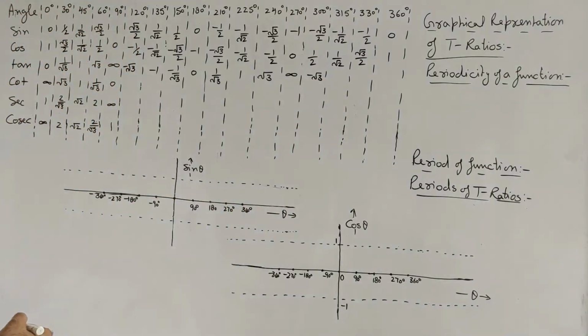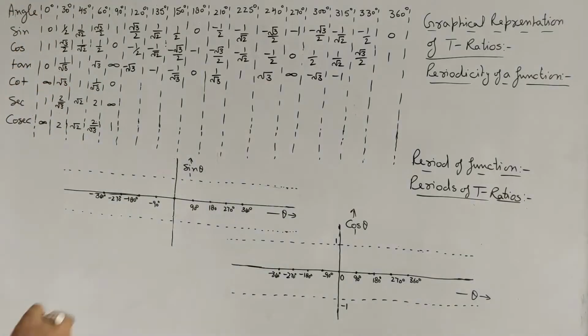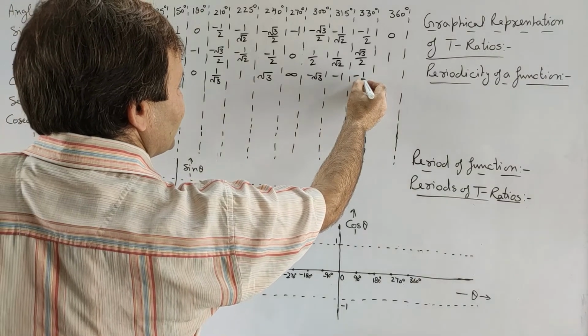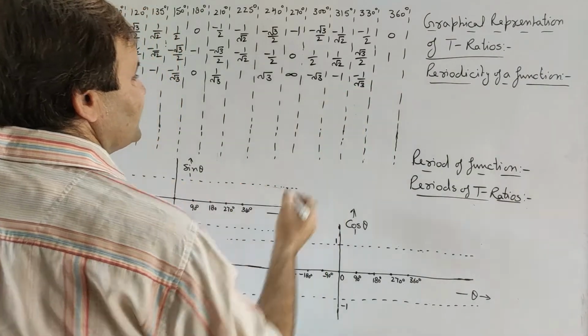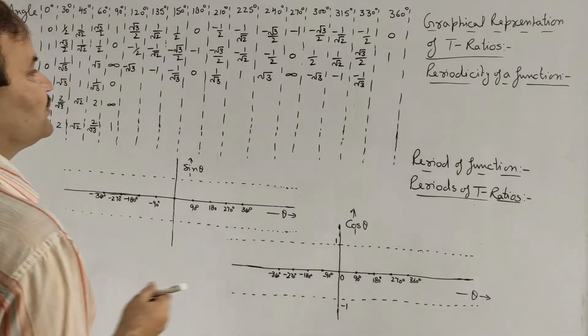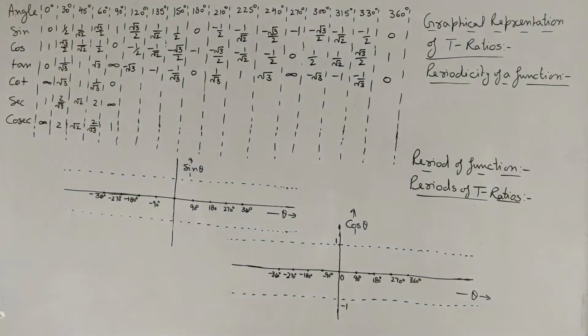Then minus cot 45, that is minus 1. Then minus cot 60, and that will be minus 1 by root 3. And then minus cot 90, and cot 90 is 0. So last one will be 0.